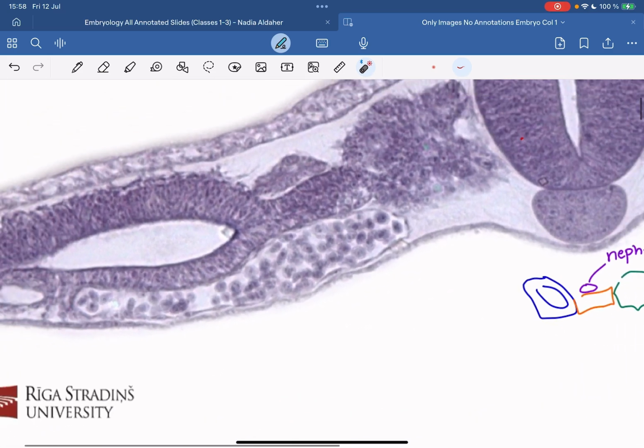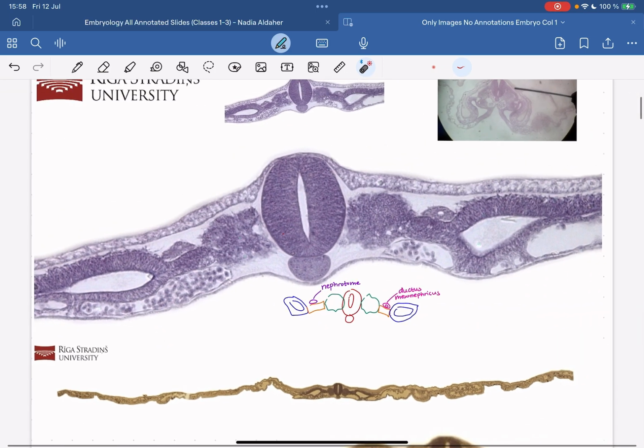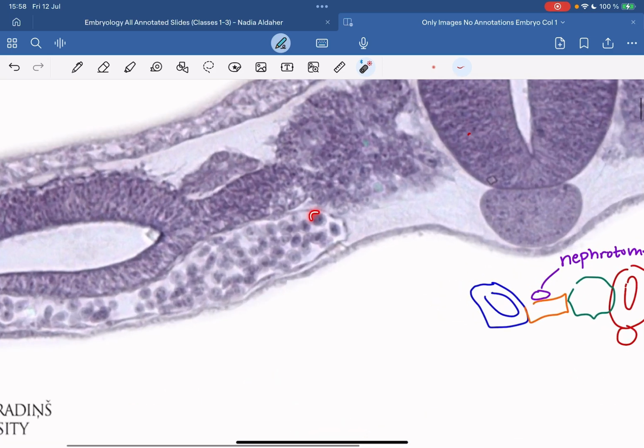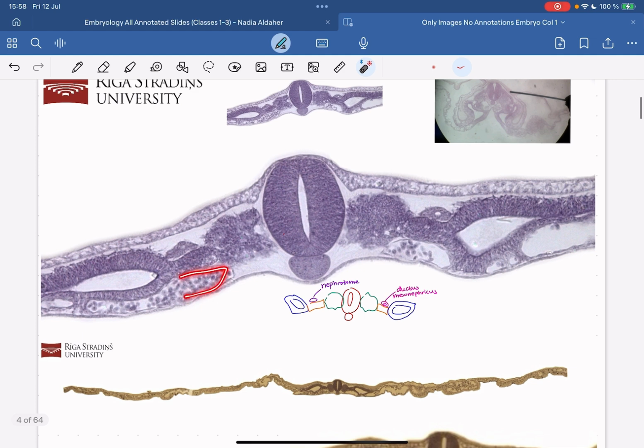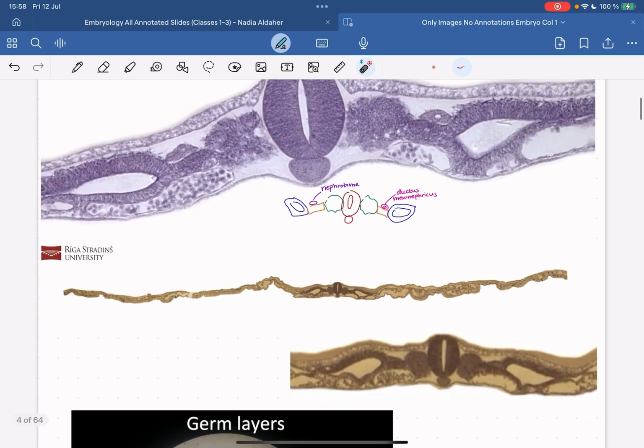So the nucleated erythroblasts exist within the aorta dorsalis, and they're unique because they're a very primordial blood cell that contains a nucleus. So be very mindful that these cells within the aorta dorsalis are something that might come up in your practical colloquium.